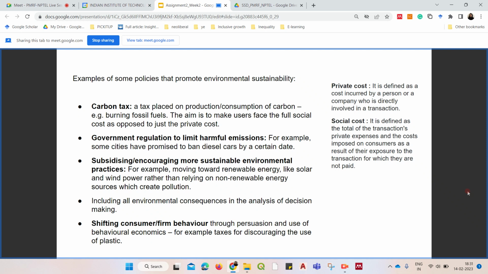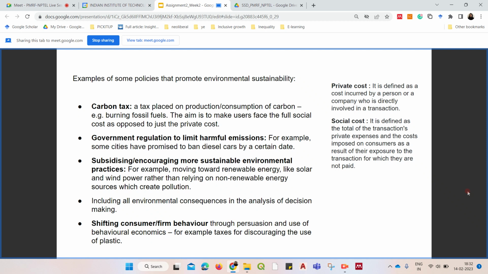Then a decision was made, and many countries all over the globe decided to reduce and limit the use or release of chlorofluorocarbons in the atmosphere. And owing to those regulations, now the ozone layer of our atmosphere has healed. So that is one very good example of how government regulation can limit harmful emissions.